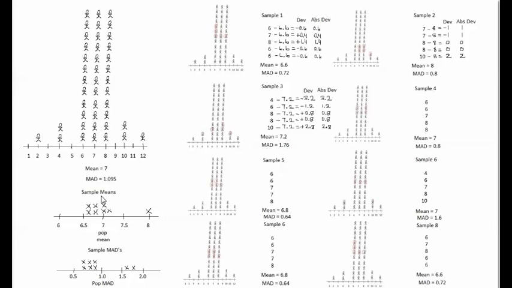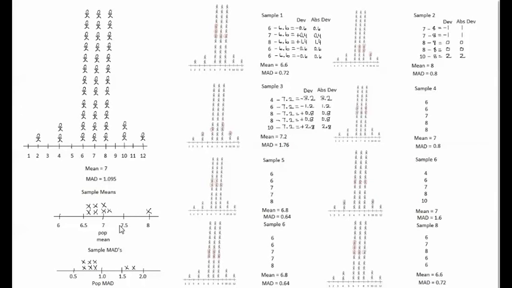So if we compare these 2 graphs, we can see that over time, the sample mean underestimates the population mean about the same that it overestimates the population mean. Meaning over time, the amount of underestimation that happens is about equal to the amount of overestimation that happens.